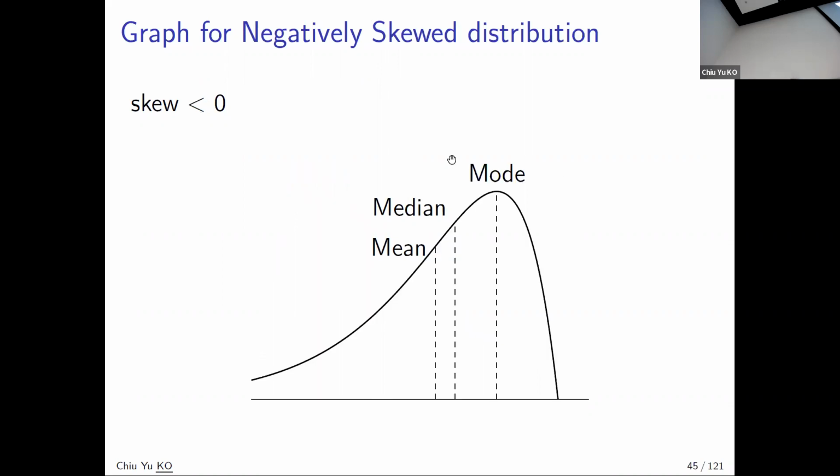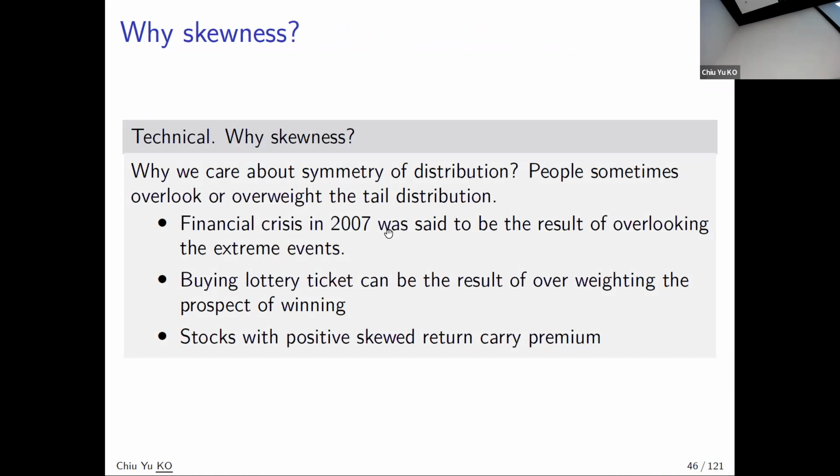And with negative skew, we're the other way around, okay? So that gives you an idea why we care about skewness, right? And there are several reasons why I want you to care about the skewness, okay?